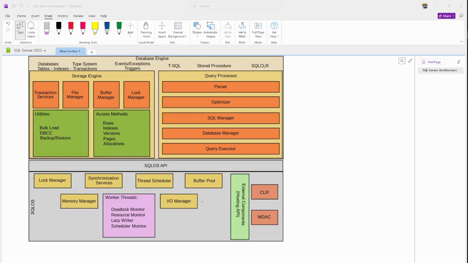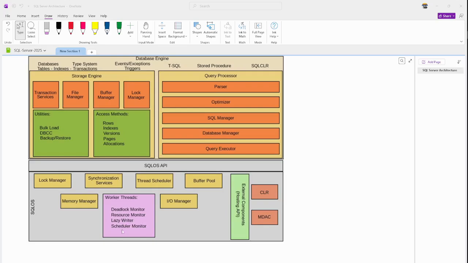Then you have the IO manager, the input output manager, which will handle your physical disk reads and writes in a way that prioritizes database throughput. Then the worker threads and the deadlock manager. Here in your worker threads, it will manage the deadlock monitor, lazy writer, etc. All these will be running as background processes.